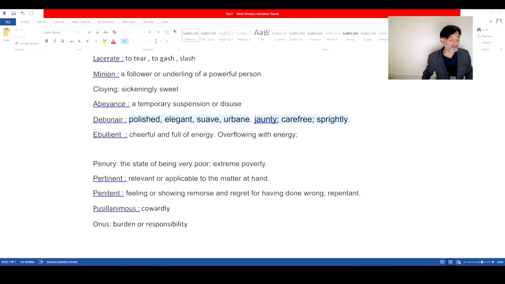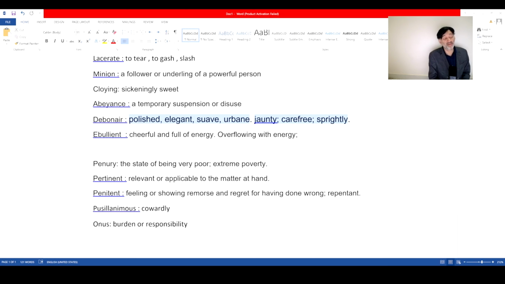A similar word is something like incumbent. You might have heard this word, incumbent, right? What is incumbent? Again, it is a burden or responsibility kind of thing. So, necessary as a duty or responsibility.